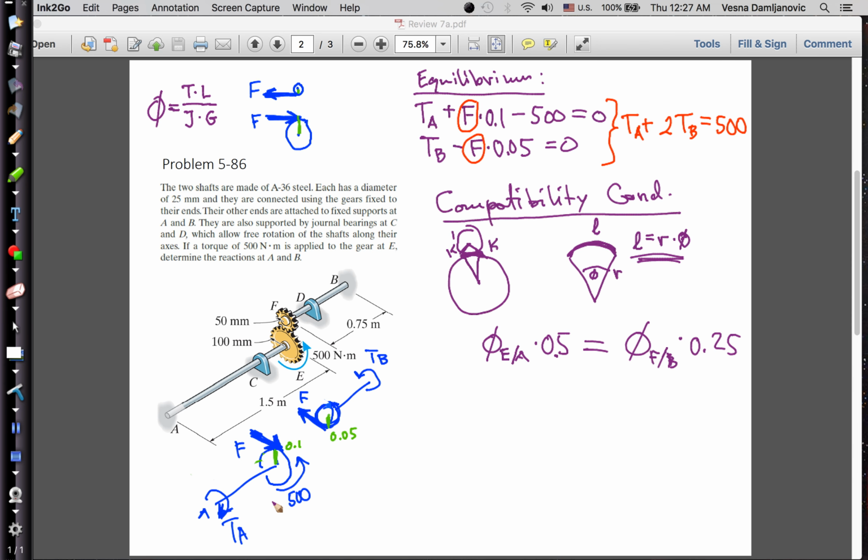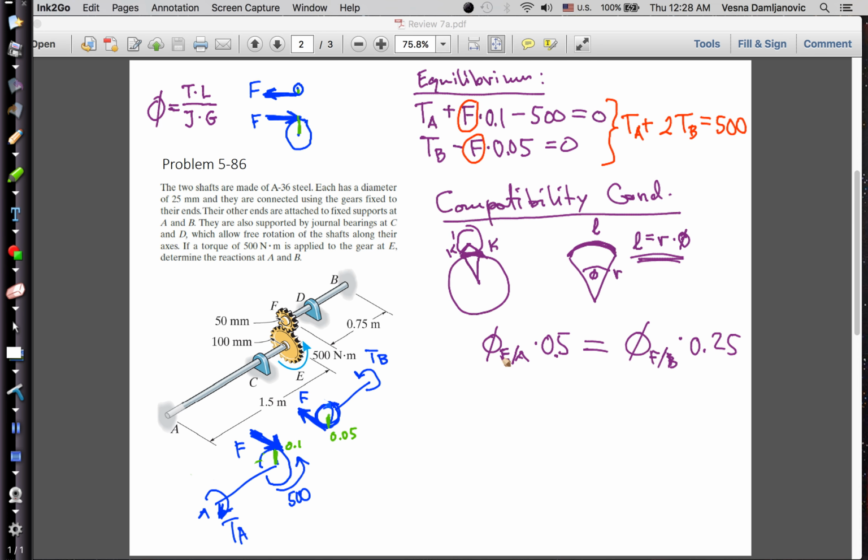When we draw a diagram for the torque, it will start from TA and go constant until here, where it changes. We have a 500, but we also have F times 0.01, just like what we wrote here. So the torque across this whole length is TA, and the torque across this whole length here is TB.